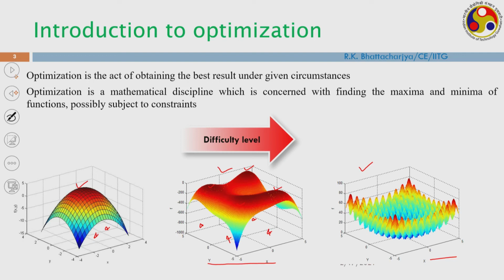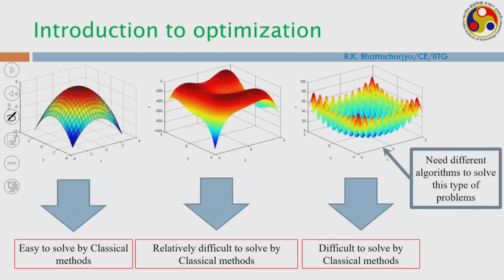In that case, you need some special treatment, or some specialized algorithm for solving such a type of problem. If I look at all these 3 functions, the first function is easy to solve by a classical method. You need not apply a non-classical technique for solving these types of problems.